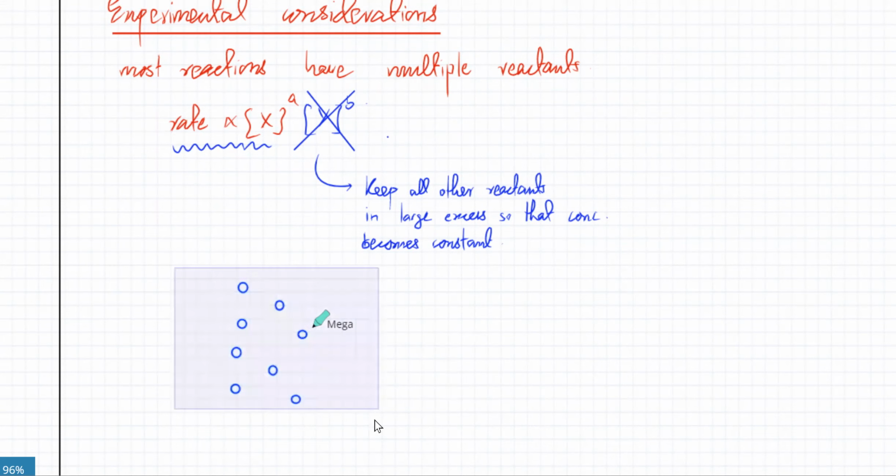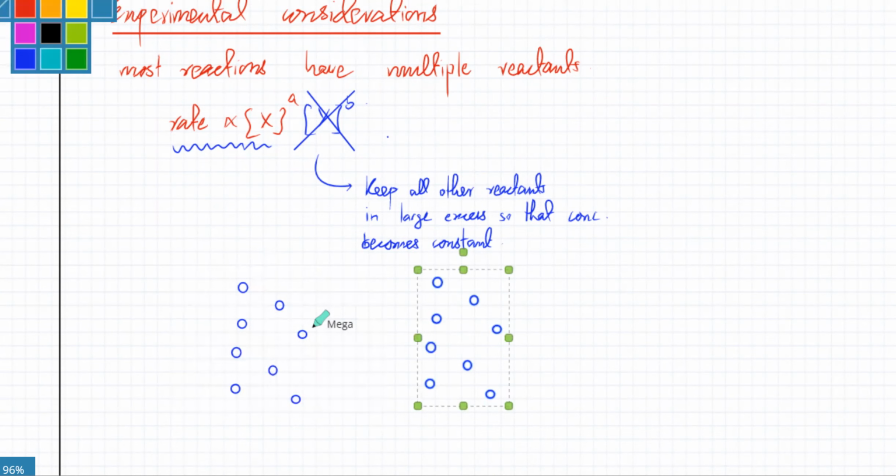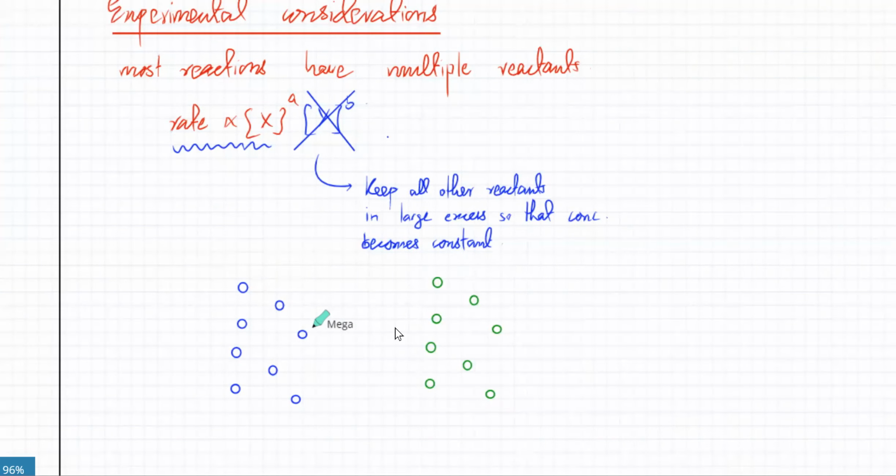And this X was reacting with Y. And the whole problem was that when X and Y were reacting, if X gets used up, its concentration decreases, then Y concentration would also decrease. Both of them would start to decrease.